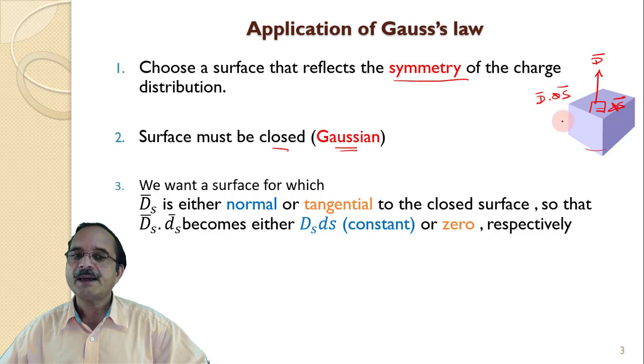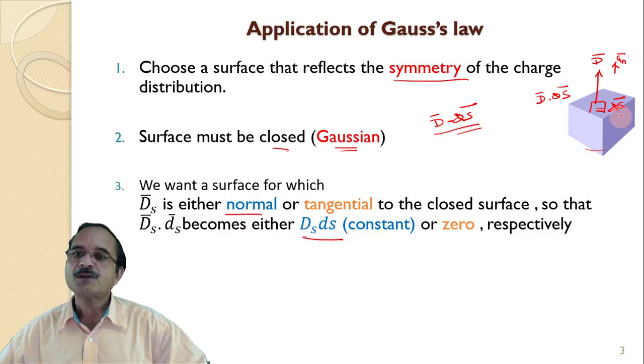This D dot dS may be either normal or it may be tangential. If D is normal to the surface, then in that case D and dS are in the same direction, because the direction of this surface is normal to the given surface. So in that case, D dot dS will be constant. The other possibility is that D may be tangential to this surface.